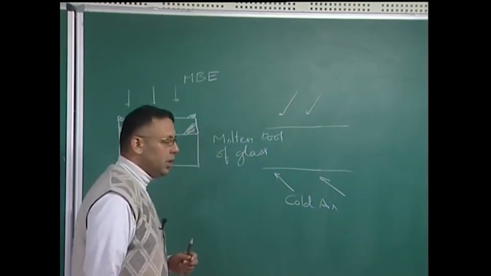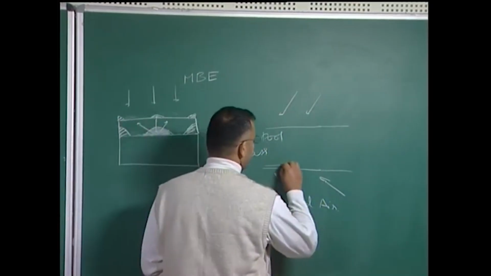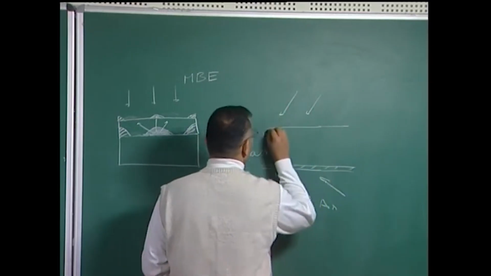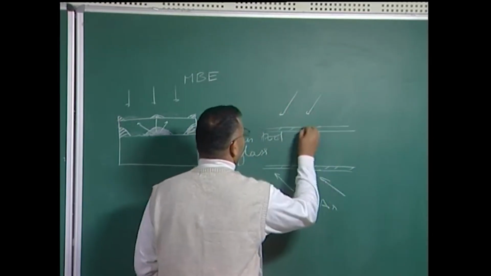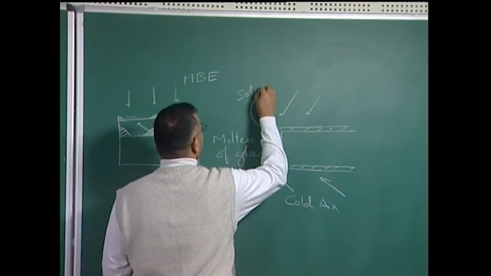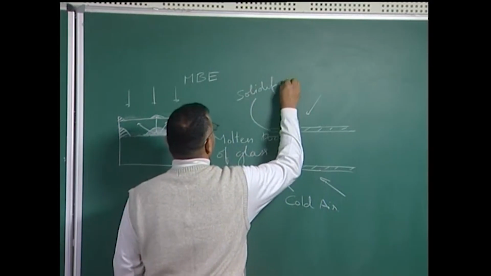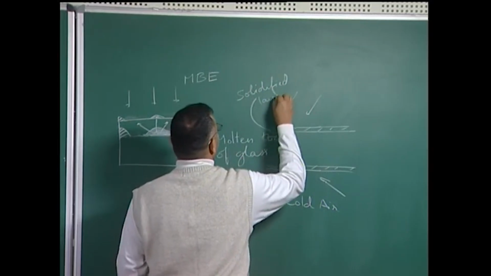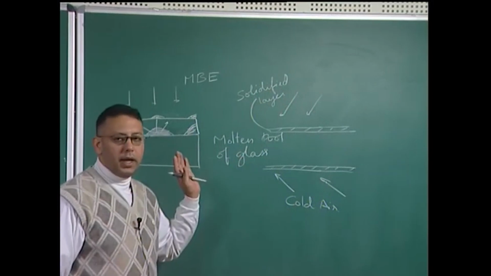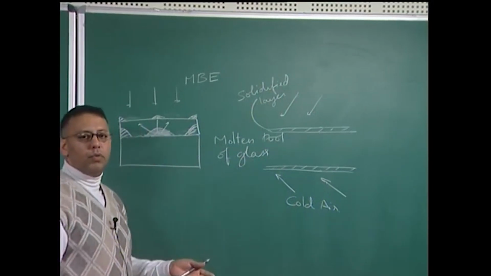And because of that, a thin crust of glass first solidifies, and after this, of course, I stop blowing and allow my entire glass volume to form a solid state.